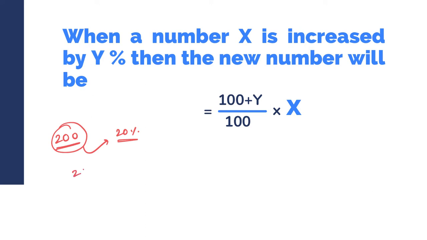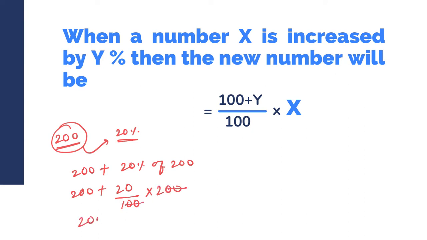So 200 plus 20 percentage of 200. When I remove the percentage symbol I put 100 downside and a multiplication symbol, then 20 and 200 cancel, and 200 plus 20 multiplied by 2 gives 40. So this is 240, right?